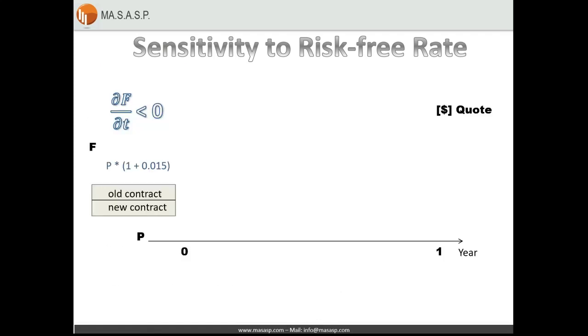Well, let the interest rate be 1.5%. In real life, things are complicated by the fact that the underlying price, P, continuously changes over time. Thus, the time decay phenomenon is not observable until the next futures contract is issued.